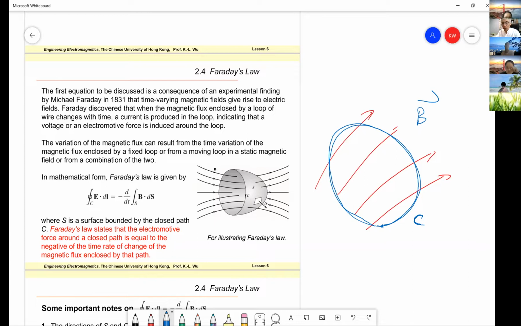Then how we describe this is: we have a magnetic field, then we define a contour, and over the contour we can define a surface.